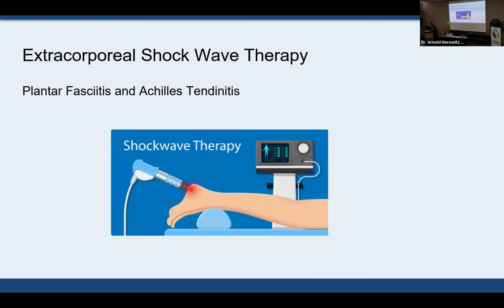That's the key with ESWT. ESWT works really well. We have like a 99% success rate with it, so we tend to use that. It works basically at the attachment, what we call the insertion point, where the tendon attaches to the heel itself.